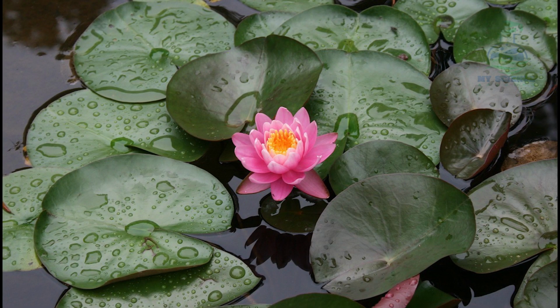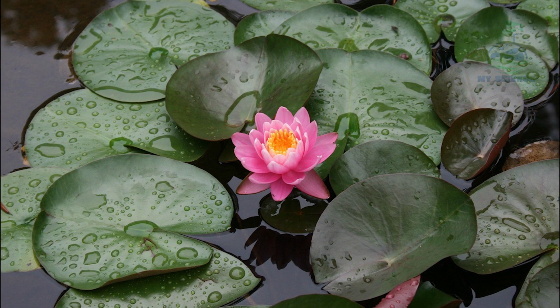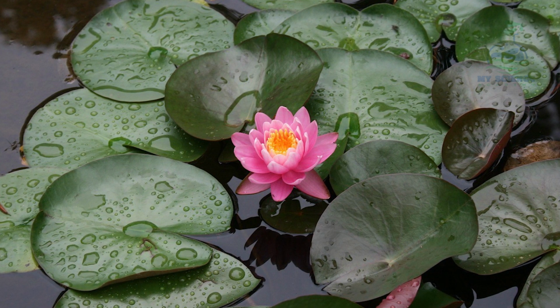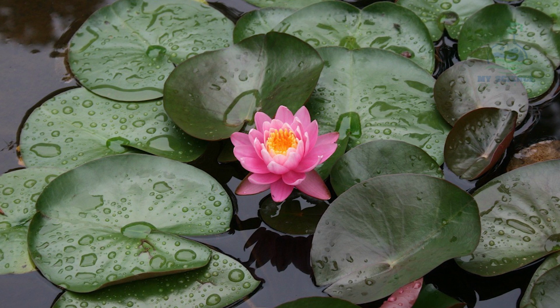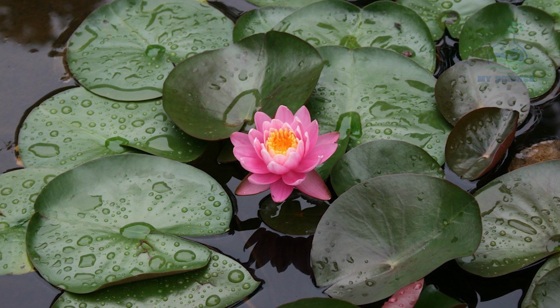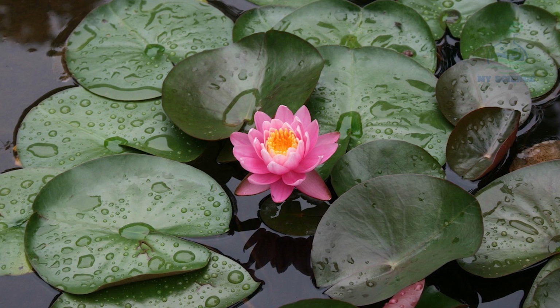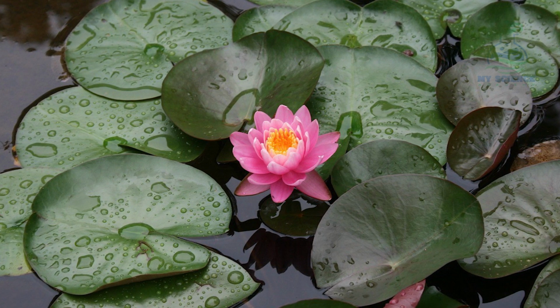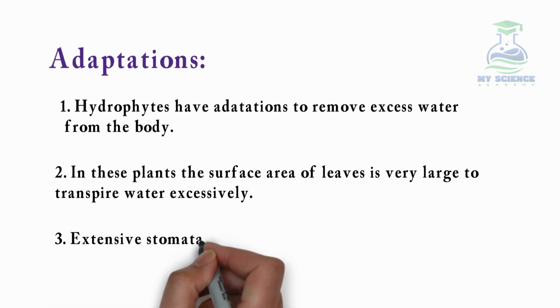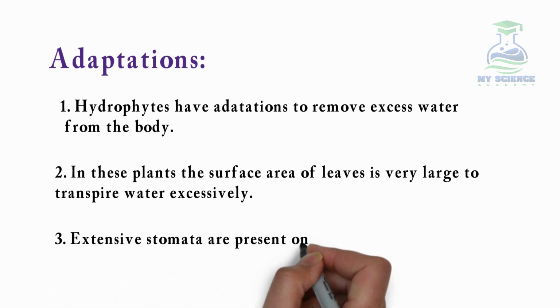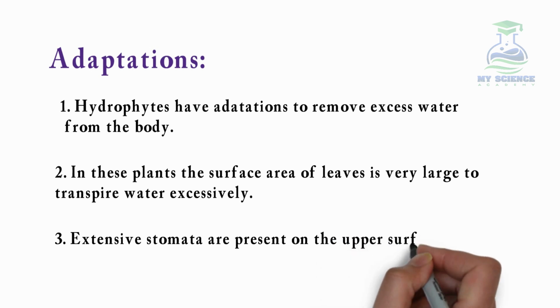Here is the diagram of water lily plant, and you can see that the leaves of the plant are very large in size and have a larger surface area, so to promote the transpiration, and that results in the water loss.